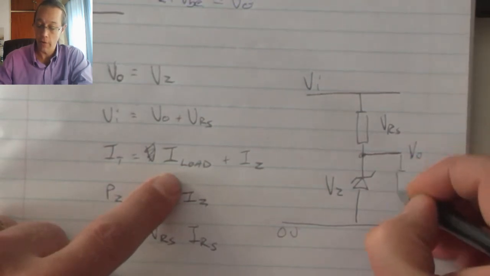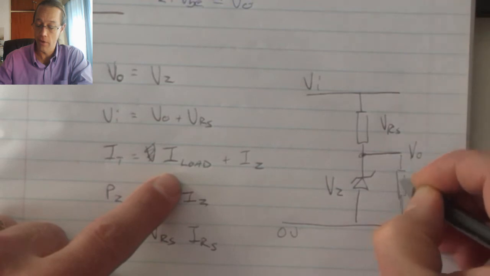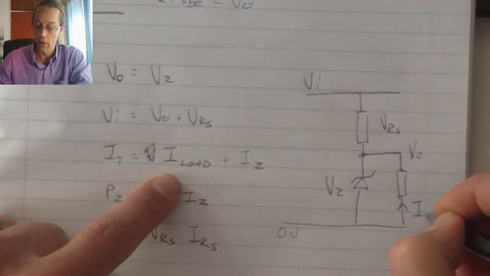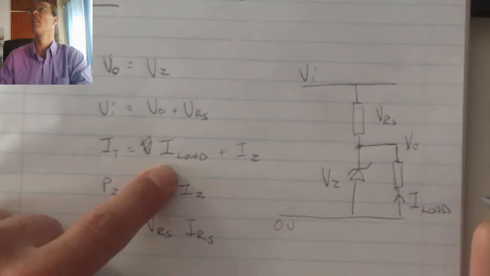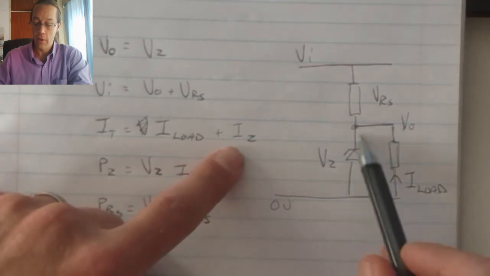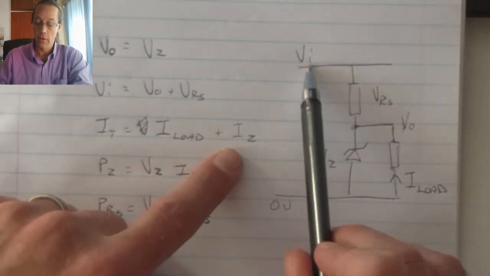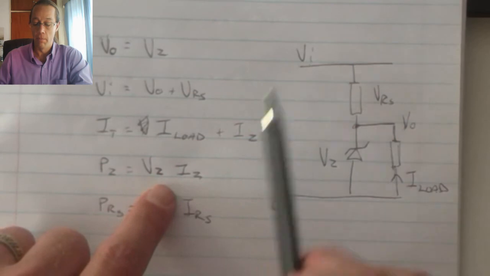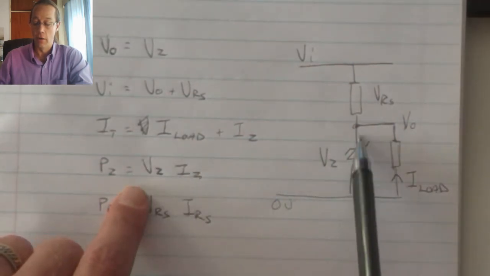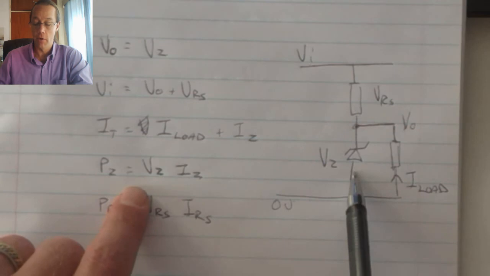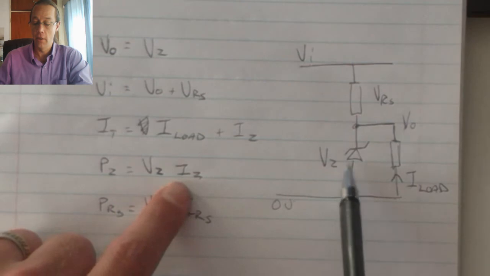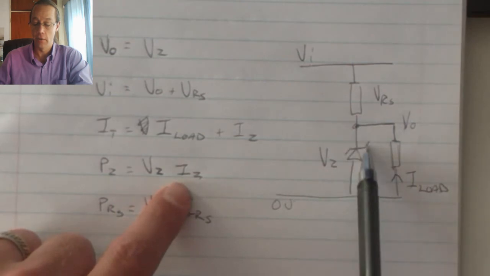In other words, if I have a resistance over there, the current that flows through my load plus the current that flows through the Zener is going to be my total current. Therefore, the power that is required for the Zener diode is the product of the voltage of the Zener diode multiplied by the Zener's current.